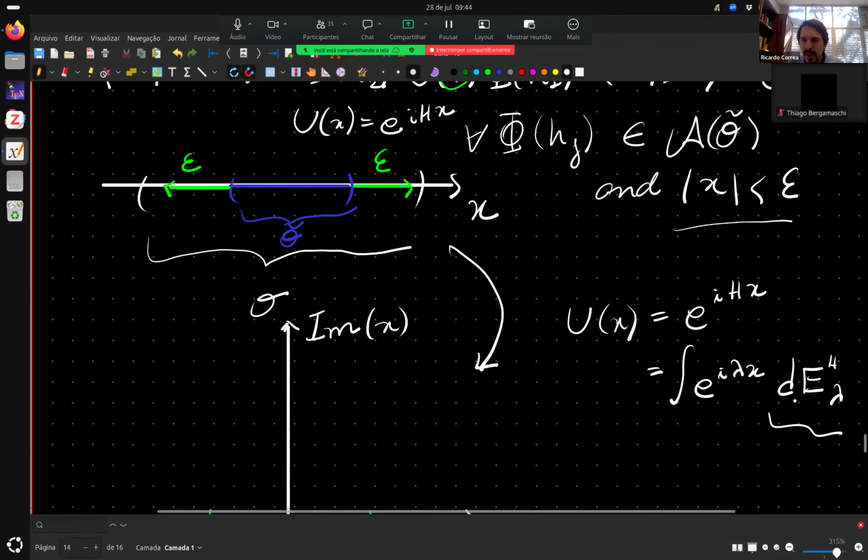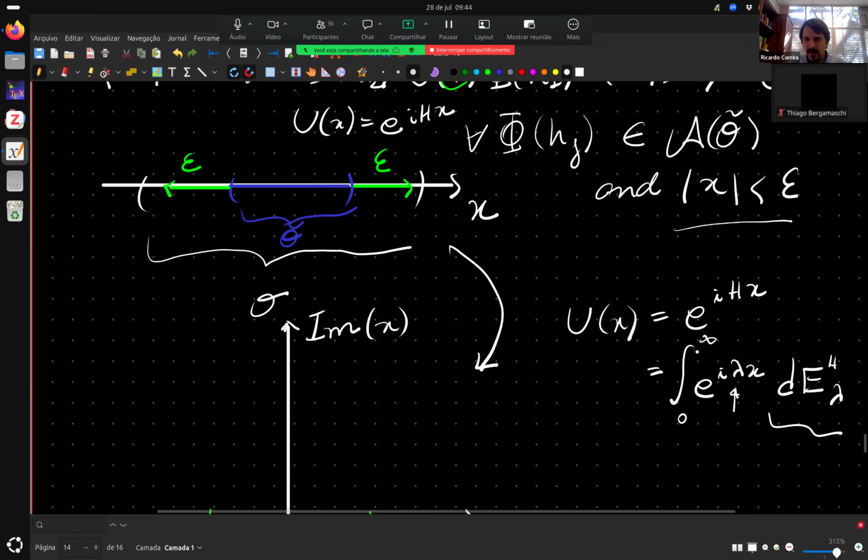And since h is positive, that goes from 0 to infinity. My generator can be unbounded, but being bounded from below is enough. So just set the bound below to be 0.